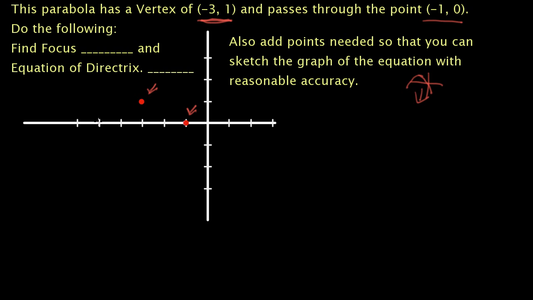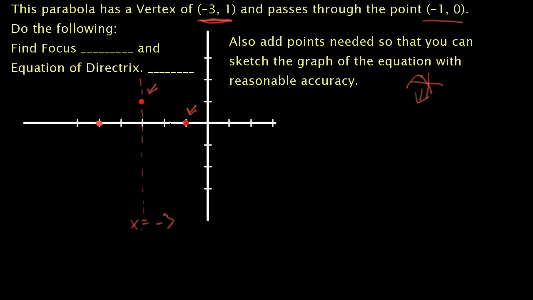immediately graph this point right here, because I know that if I go through -1, 0, and that's 2 over from the line, see this right here would be the line of symmetry. Okay, it has to be because the vertex passes through it. So the line of symmetry is at x equals -3.